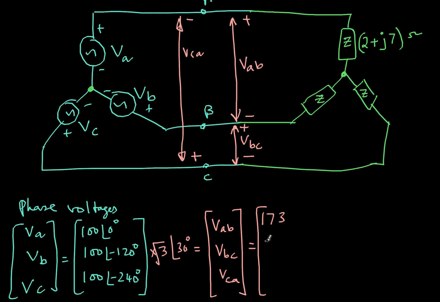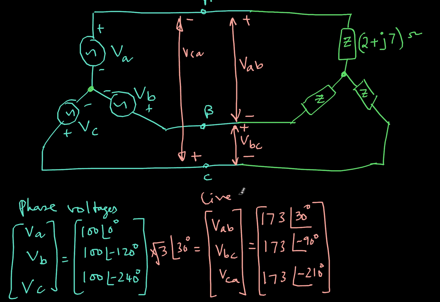I'll just take 173 as the magnitude. Of course, we can do this in MATLAB also, but this is very straightforward. Minus 120 plus 30 will be minus 90 degrees, and minus 240 plus 30 will be minus 210 degrees. So this is done. I have these as the line voltages.